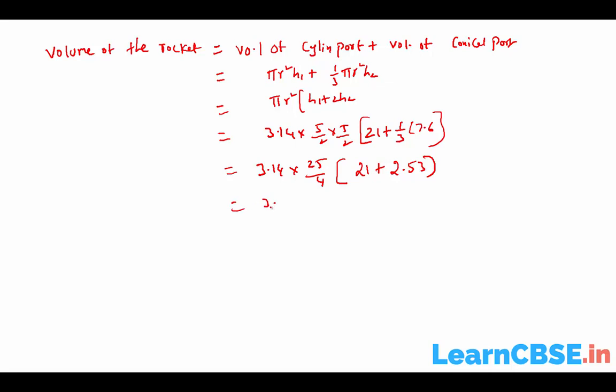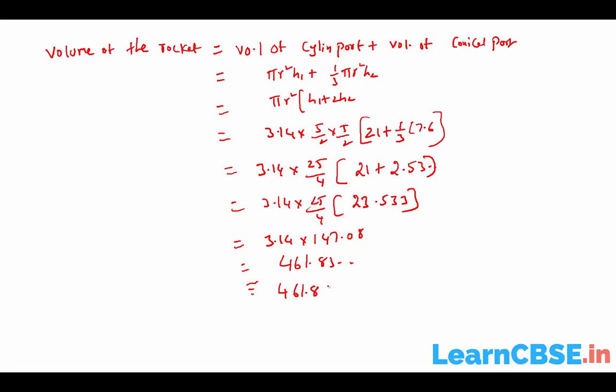That means 3.14 into 25 by 4 into 23.533. 23.533 into 25 divided by 4 is 147.08. Then 3.14 into 147.08 gives 461.83, so nearly 461.8 meter cube. This is the volume of the rocket.